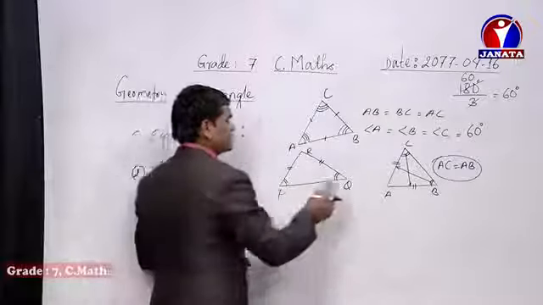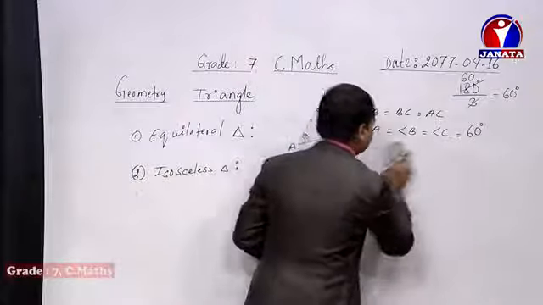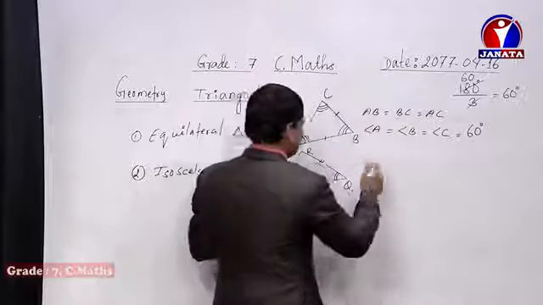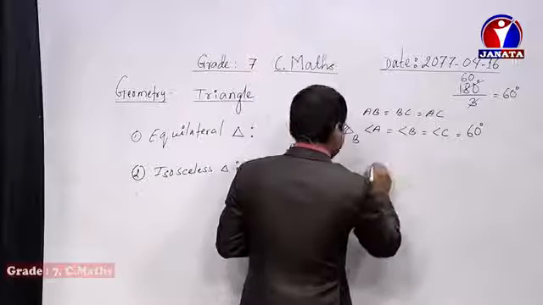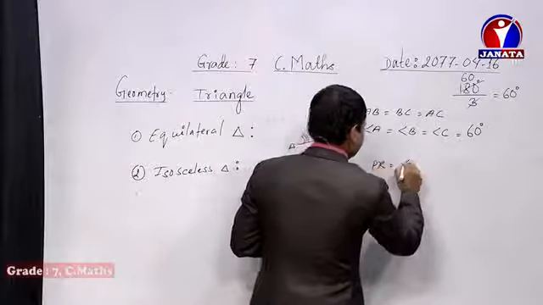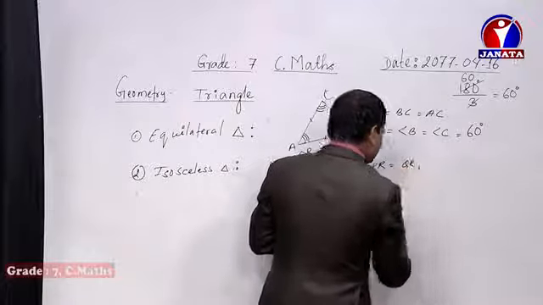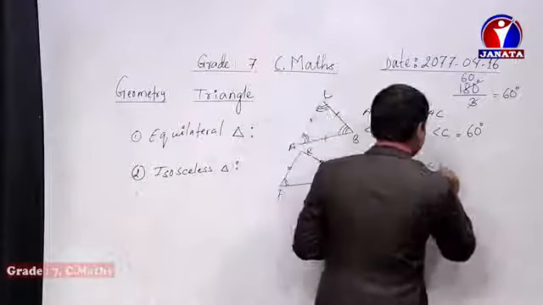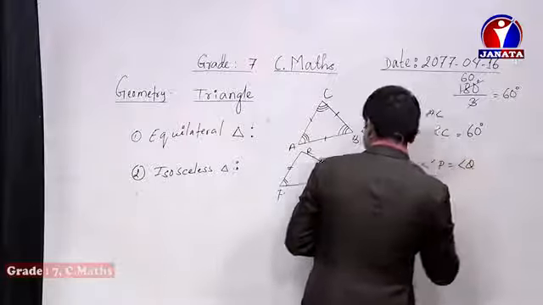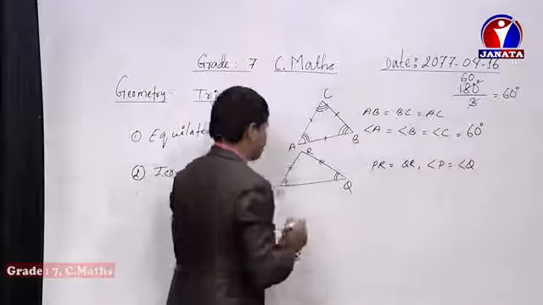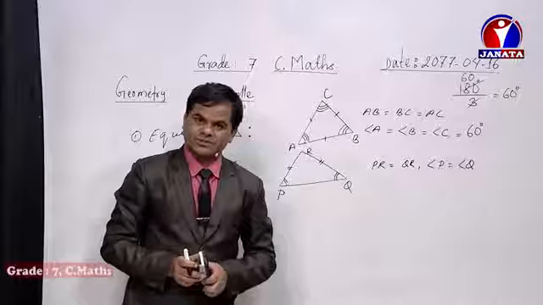Now let's go to another type of triangle, dear student. In this case, what can you write? The properties: PR equals QR, and angle P equals angle Q. So these are the two properties of the isosceles triangle.